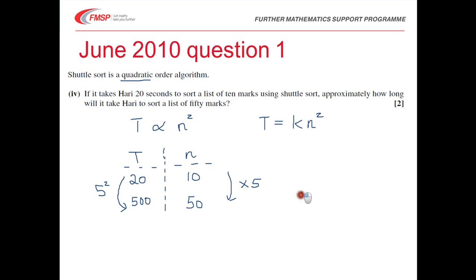So the answer is 500 seconds. As I say, you may do that in a slightly different method, but I'll give you that method as you might just find that easier. And there was a method mark for attempting one of the methods correctly, and an accuracy mark if you got an answer of 500 seconds.